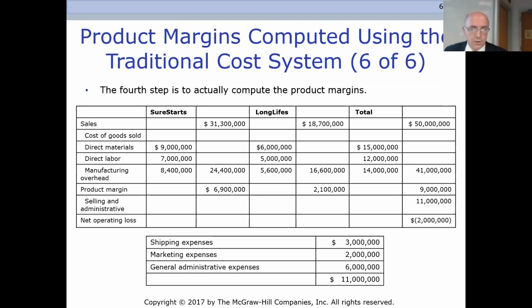And for Long Lives, it's 2,000,001. So the total for the 2 products is 9 million, but selling and administrative costs are 11 million. So they're losing $2 million. And again, the shipping expenses are 3 million, marketing expenses are 2, general administrative is 6. So that's where the 11 million comes from.